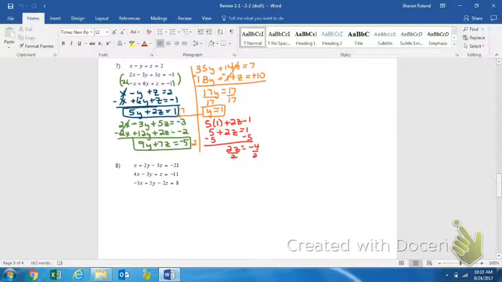Divide both of those by 2. z equals negative 2.